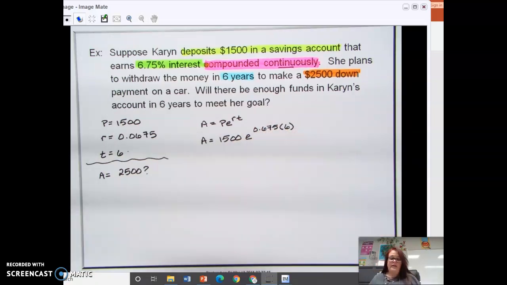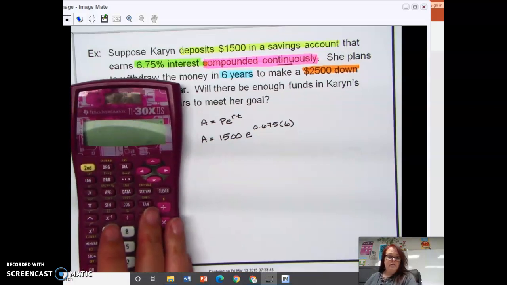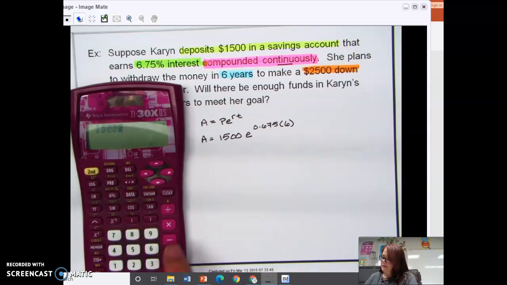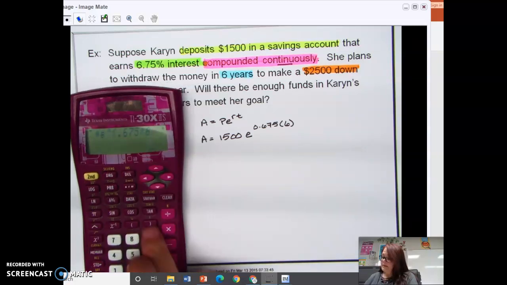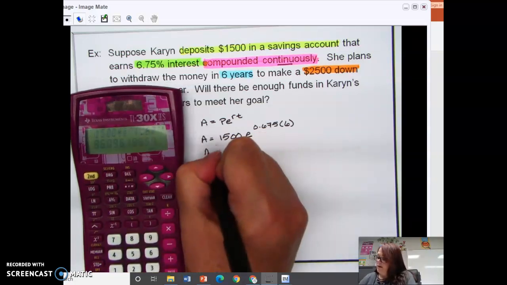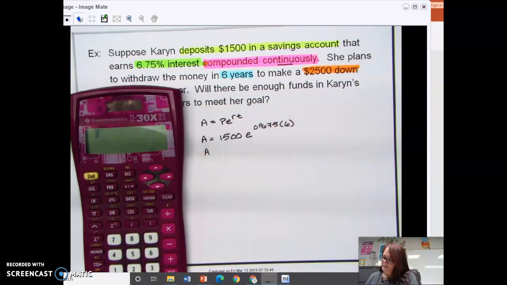So again, in your calculator, you're going to want to have parentheses around that whole thing. So we've got 1,500 times, and then second natural log, 0.675 times 6, again, making sure that's in parentheses. Close it, and we get the new amount. That seems a little high because I forgot this 0 right here.